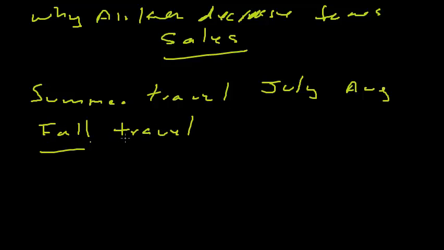Just because demand falls off doesn't mean that the capacity goes away. So what airlines will do is put the fall period on sale to move the inventory that they are carrying into the fall period.